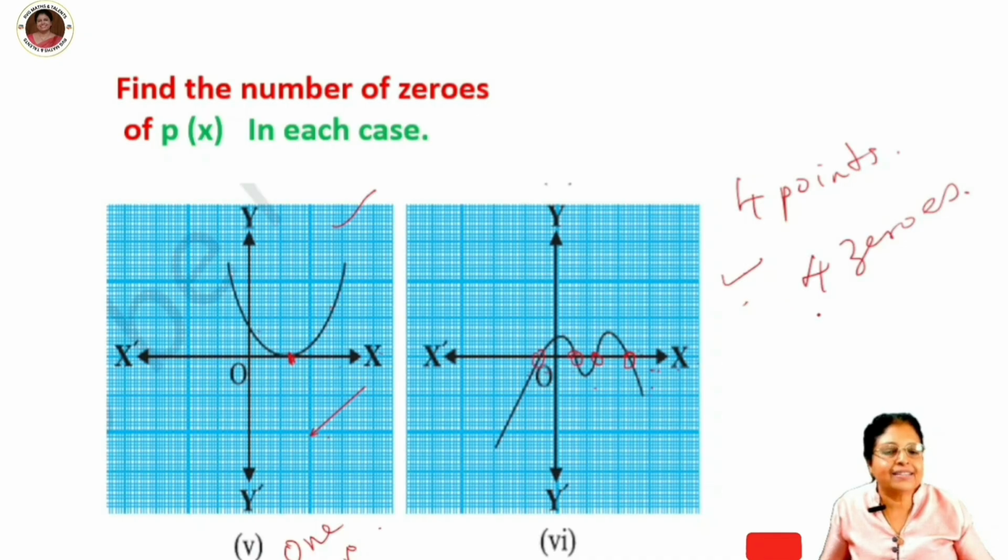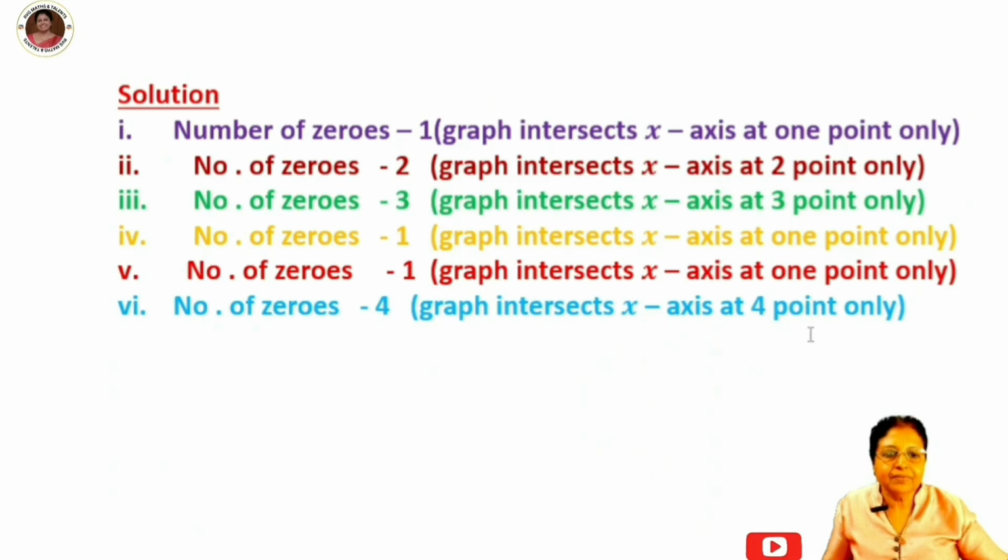Okay. Then we can say this is not a linear polynomial. It's not a quadratic polynomial. It's not a cubic polynomial. It is a higher order polynomial. It has 4 zeros. And zeros are the x coordinates of these intersecting points. Have you understood? Okay. So, the solution is given here.